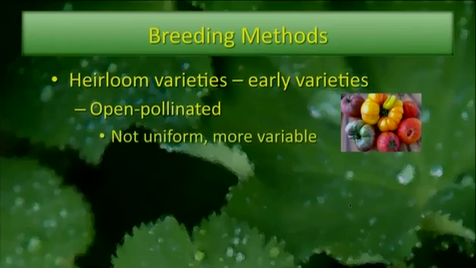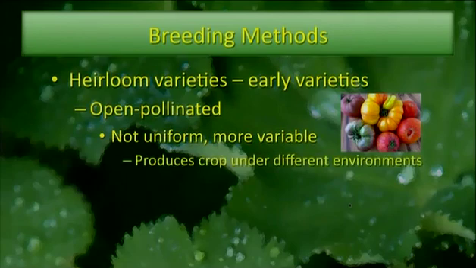What that leads to is a crop that is not uniform, with seeds that are more variable, which can be very good because it can produce crops under different environments. For example, if you have a dry year and insect infestation, with these open pollinated plants you can end up with seeds and plants that can withstand drought, and also seeds and plants that can withstand insect infestation.